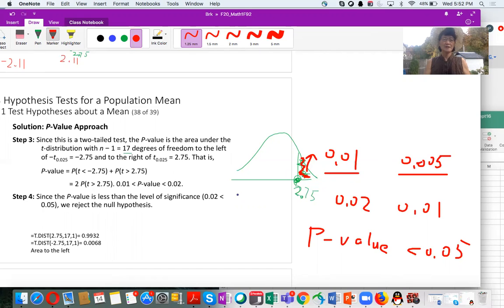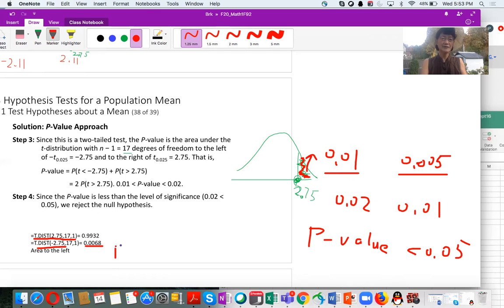So we get the p-value. Another way to get the p-value is to use Excel. I type in the formula here. T.DIST, where 2.75 is our test statistic. Excel gives you the area to the left, so you have to change it to the area to the right. You have to do a little bit of calculation, and then multiply by 2.